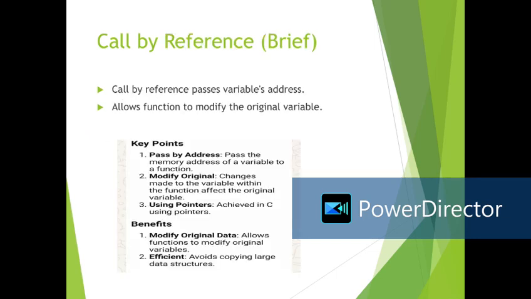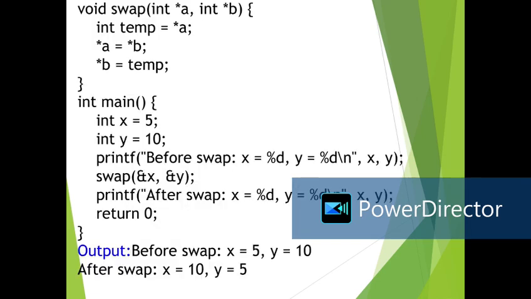Call by reference. Now let's contrast that with call by reference. Instead of passing a copy, we pass the address of the variable, so the function works on the original data. C allows this using pointers.